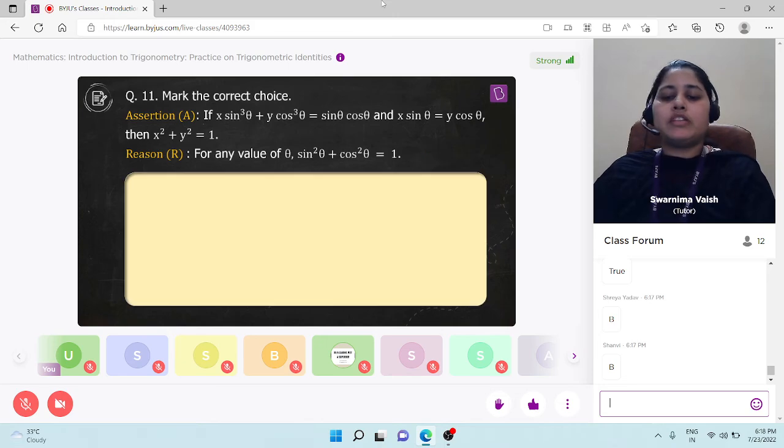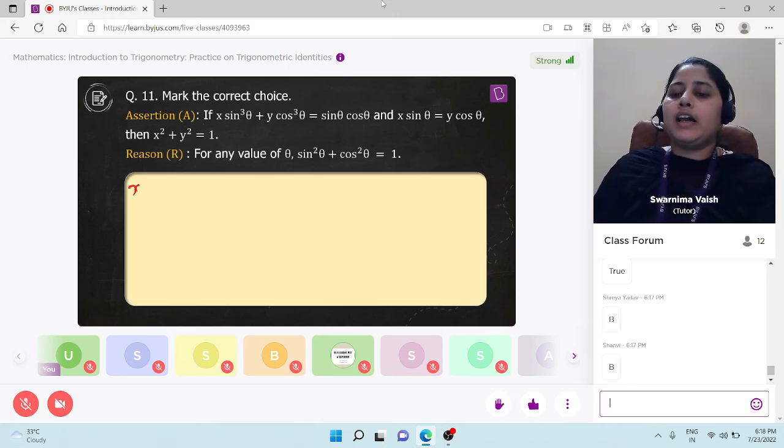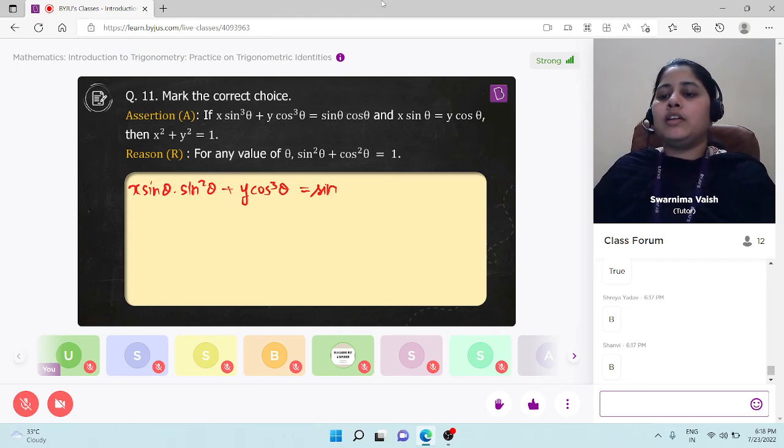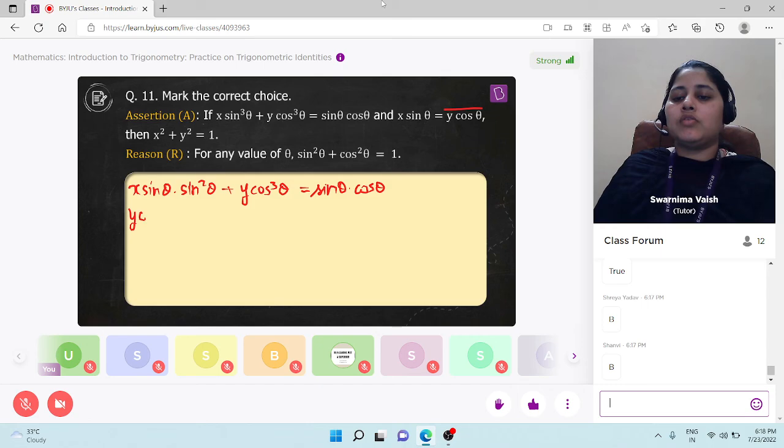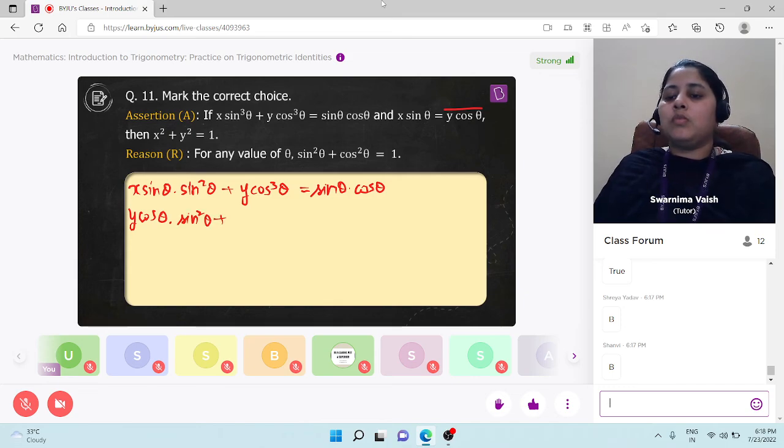Now let's solve the first one. We can write sine cube theta as sine theta into sine square theta, plus y cos cube theta is equal to sine theta into cos theta. So x sine theta is equal to y cos theta, that is y cos theta into sine square theta, plus y.